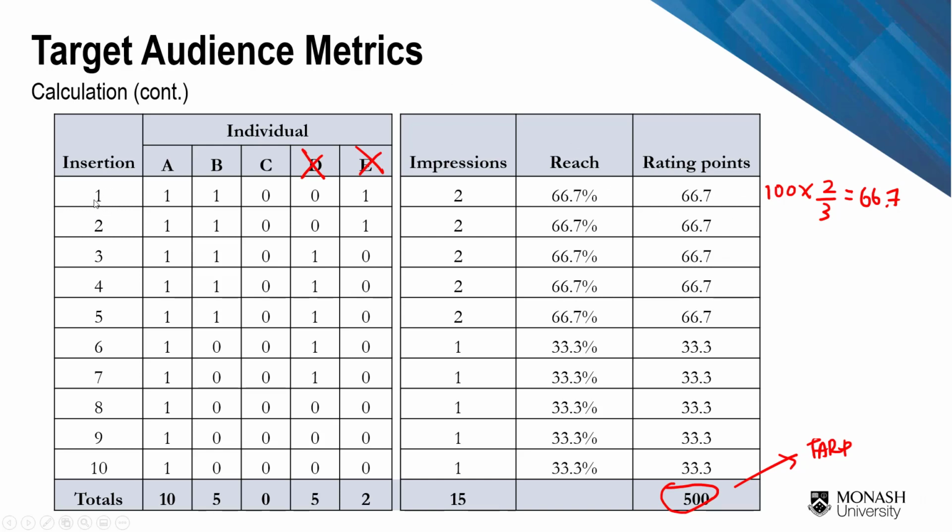So for insertion number 1, we look at A, B, C. Insertion number 2, we look also at A, B, C, and so on. That's pretty much how you would calculate your target audience metrics. In the next video, we will look at the net reach and also the frequency rating. So stay tuned, and we'll see you in the next video.